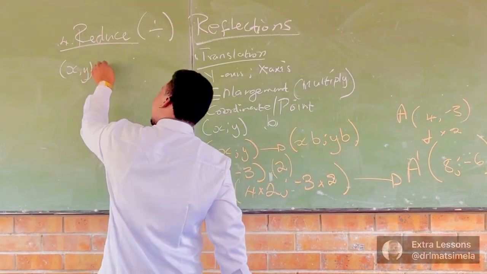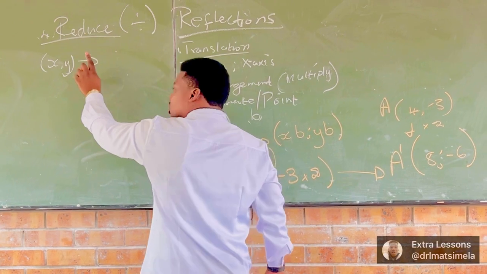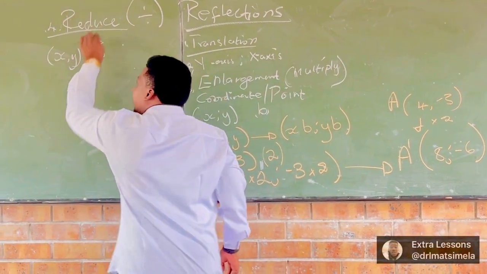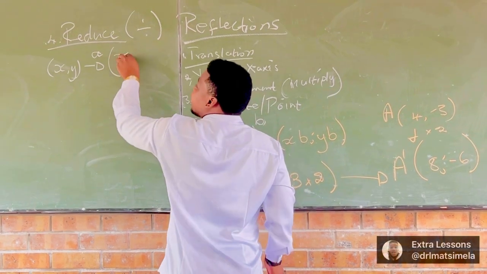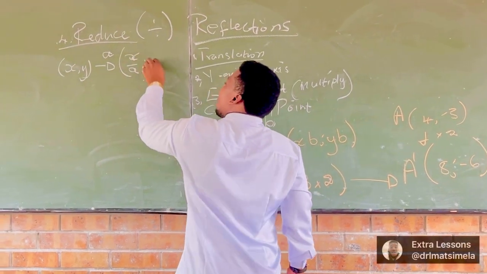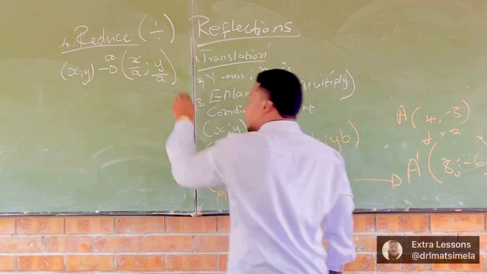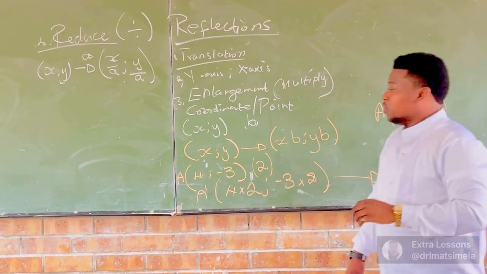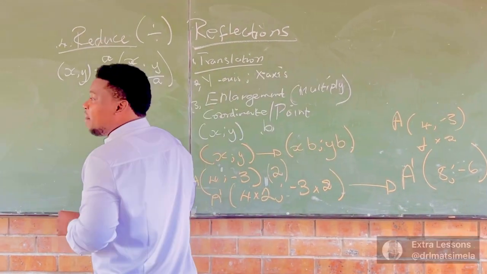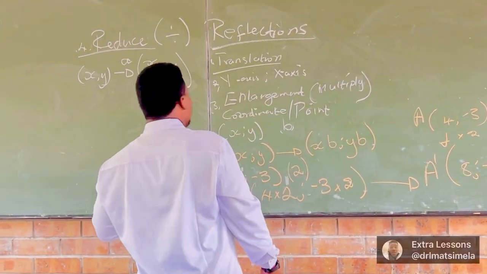If we have x and y as a coordinate, and it is reduced by a factor, maybe say factor A, then we will have a new coordinate which is x divided by A, y divided by A. Going further, let me give an example about reducing by a factor.